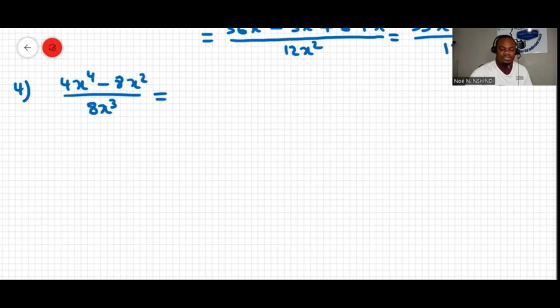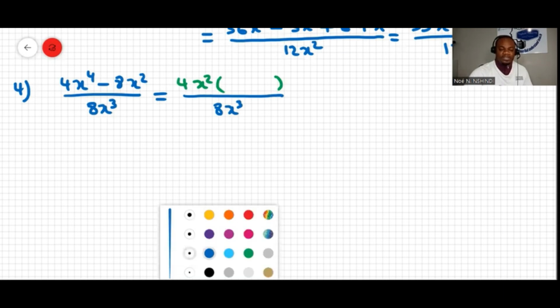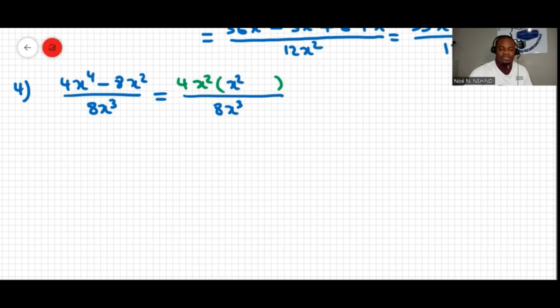This is equal to what? So we can take 4 out as a common factor. Not just 4, but we can take 4x squared as the common factor. And then the denominator is just 8x cubed. If I take 4x squared as a common factor, I'm left with x squared minus 2, because 4x squared is out.